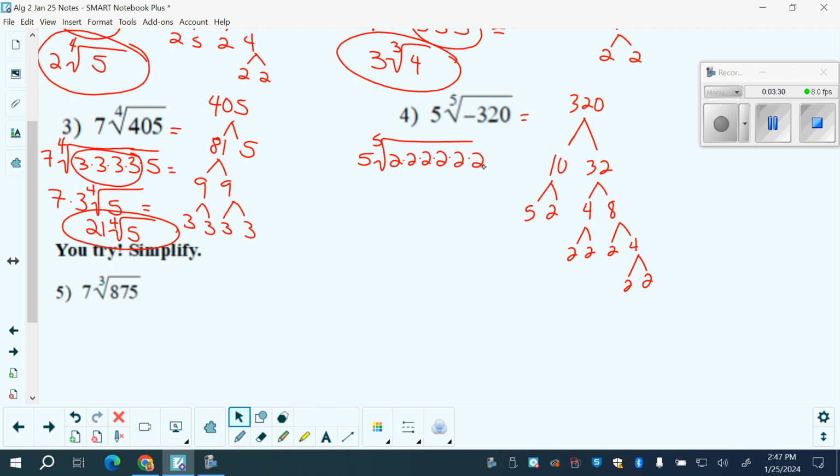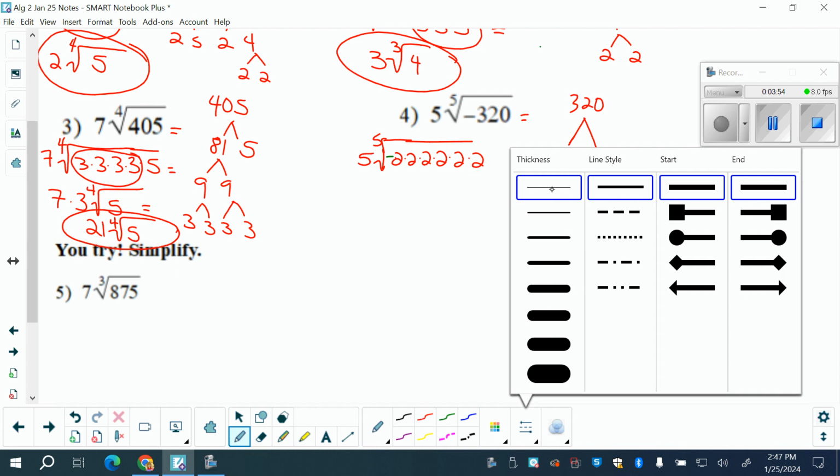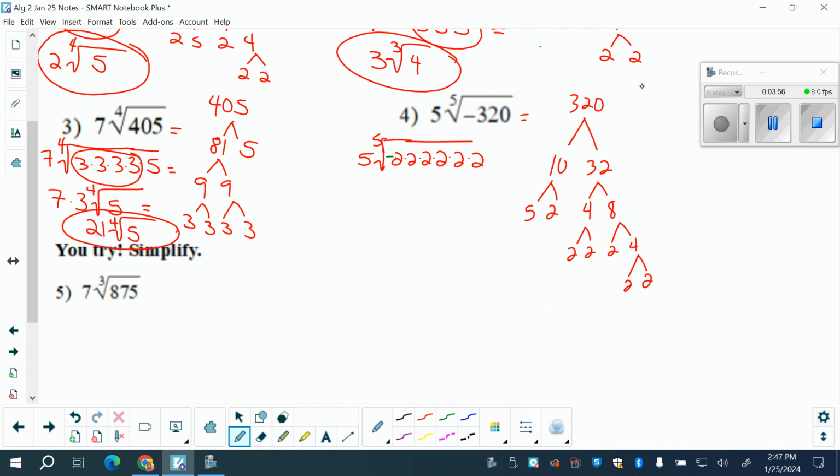And it is negative. I'm going to put the negative there. Actually, let me make it another color just so it's clear that we have that negative there. And so we have 6 of the 2's. And then we have 1 5.